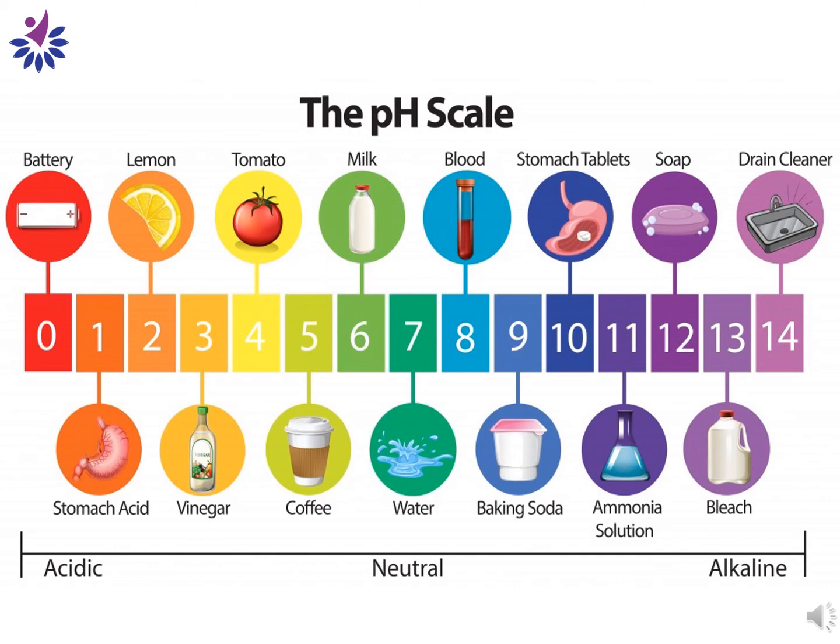For example, a pH of 3 is 10 times more acidic than a pH of 4 and 100 times more acidic than a pH of 5. Similarly, a pH of 9 is 10 times more alkaline than a pH of 8 and 100 times more alkaline than a pH of 7.